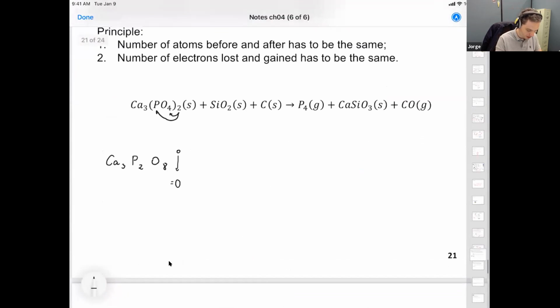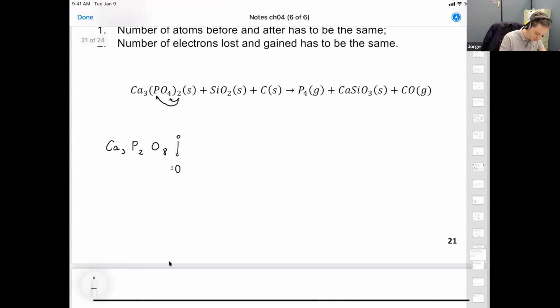So that is going to be our starting point. Therefore, we know that calcium has an oxidation number of +2. Attention here because we have 3 atoms of calcium in the structure. Therefore, we must multiply by 3.